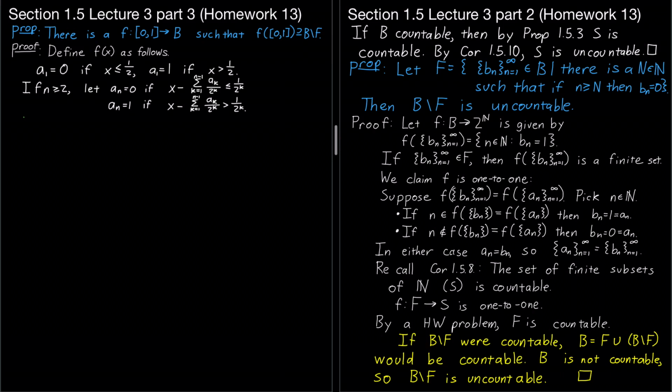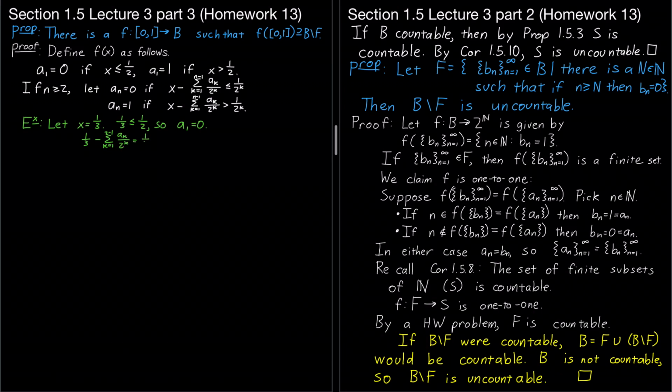So let's draw out an example. Let x be, let's say, 1/3. Then 1/3 is less than or equal to 1/2, so a1 is 0. Then 1/3 minus the sum from k equals 1 to 2 minus 1 of ak over 2 to the k.